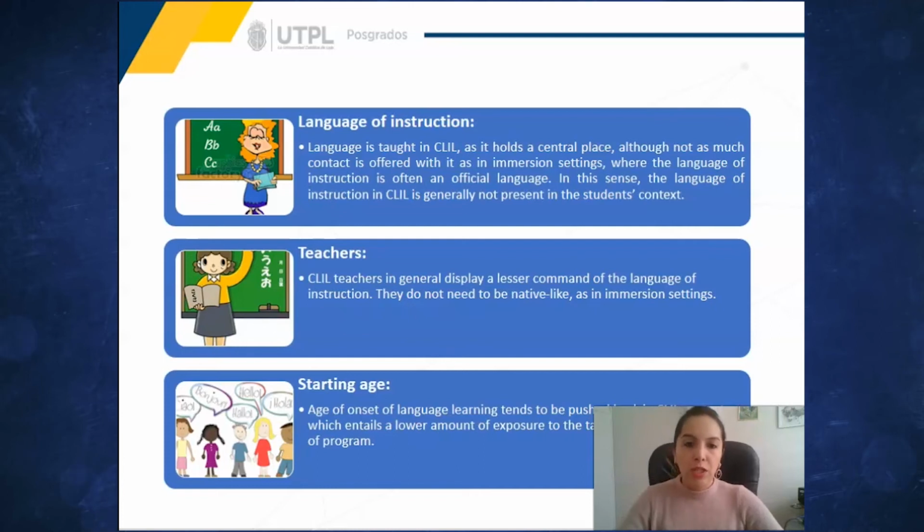CLIL teachers in general display a reduced command of the language of instruction. They do not need to be native-like as in immersion settings. The age of onset, or the starting age of language learning, tends to be pushed back in CLIL contexts, which involves a lower amount of exposure to the target language in this type of program.